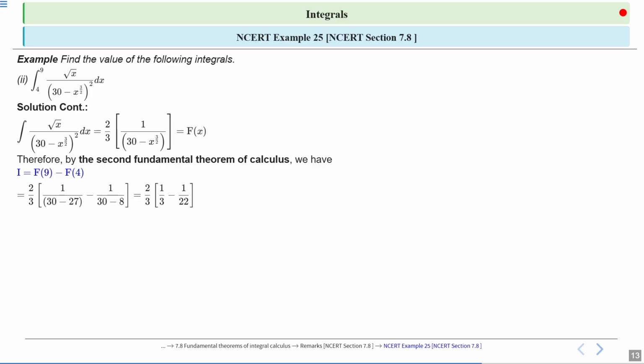The value of f(9) is 2 by 3 bracket 1 by 30 minus 9 to the power 3 by 2, and 9 can be written as 3 square. The square cancels out, and 3 to the power 3 is 27.